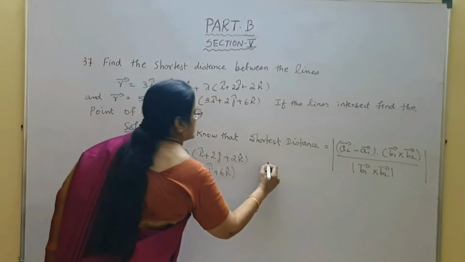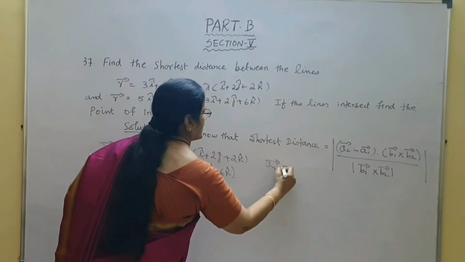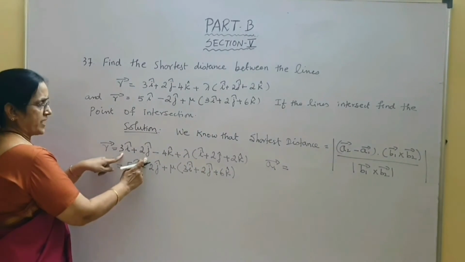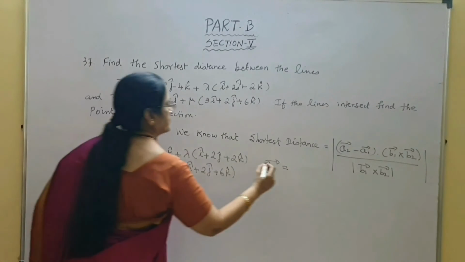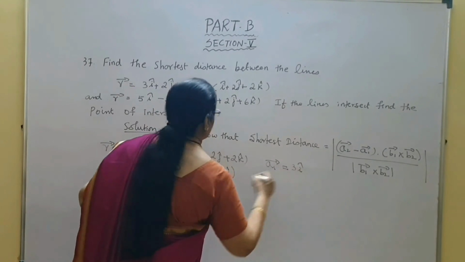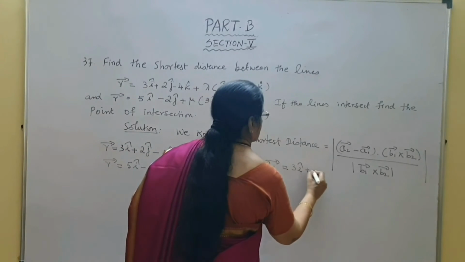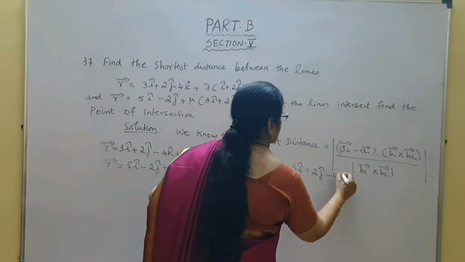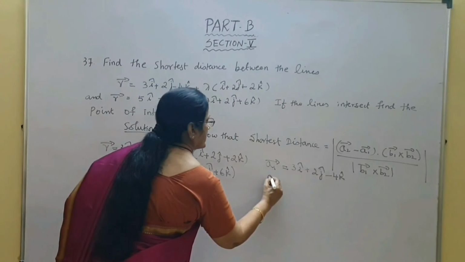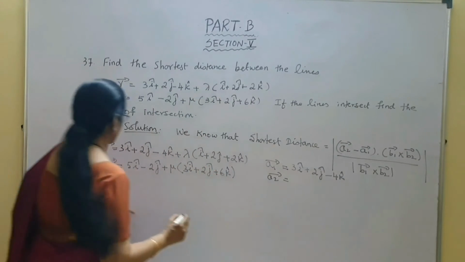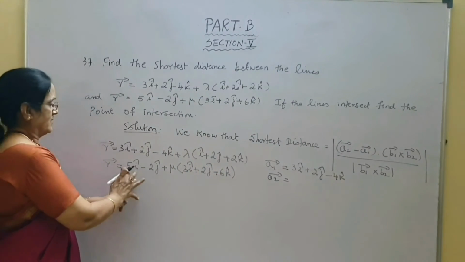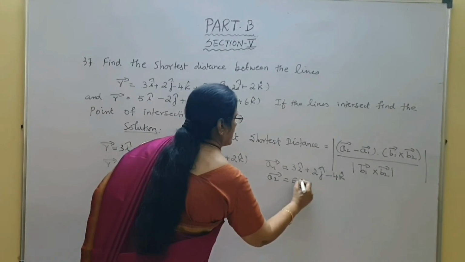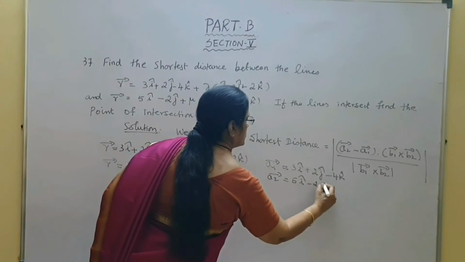So, your A1 vector is nothing but this point 3i cap plus 2j cap minus 4k cap. A2 vector is nothing but the point on the second line, that is 5i cap minus 2j cap.